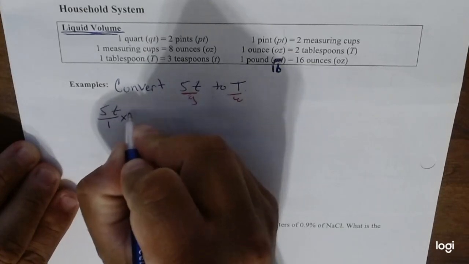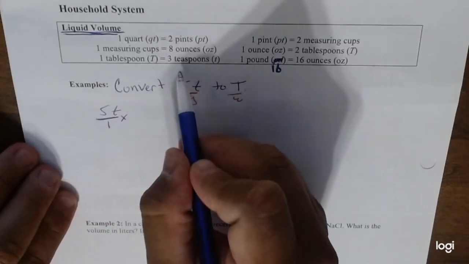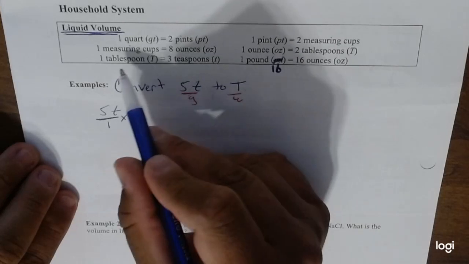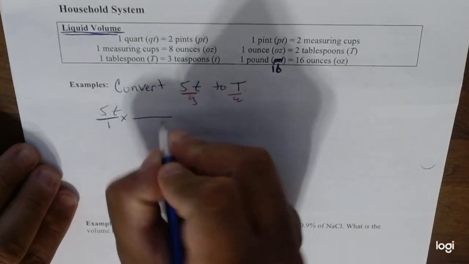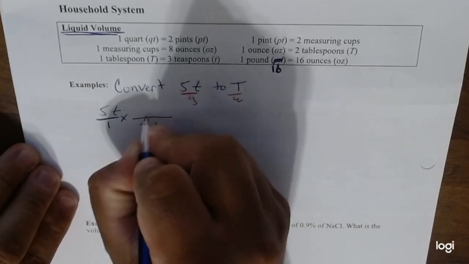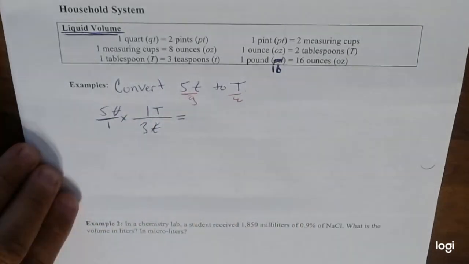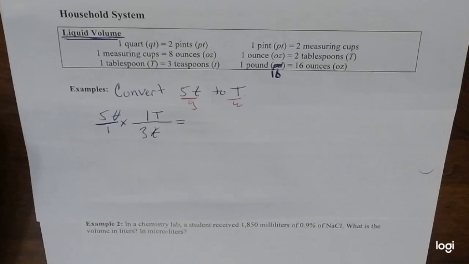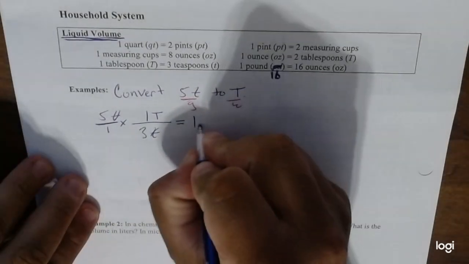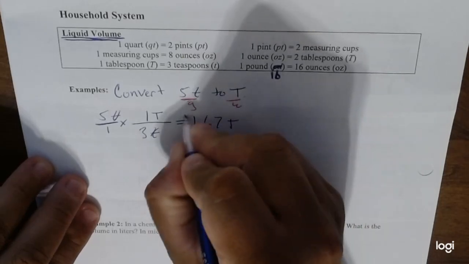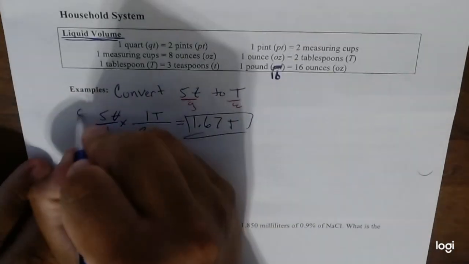Now we go with our conversion. We know 3 little t equals 1 big T. We want to cancel out the little t, so 3 little t equals 1 big T. Cancel, cancel. Now we just divide: 5 divided by 3 gives you 1.67 tablespoons. We'll call this A.